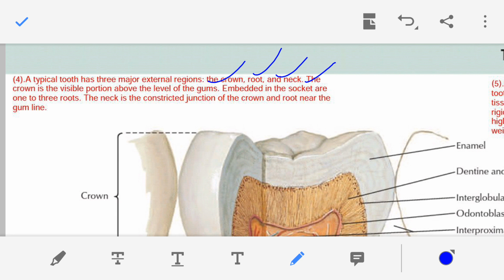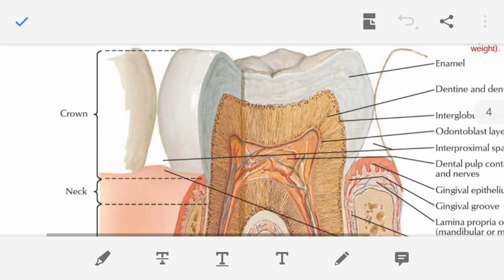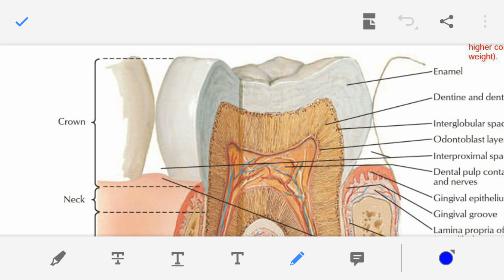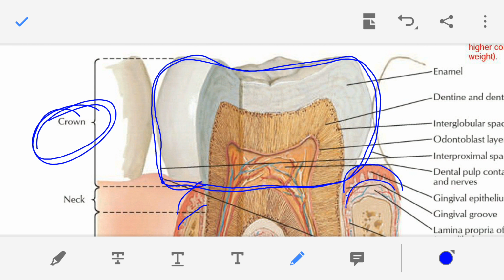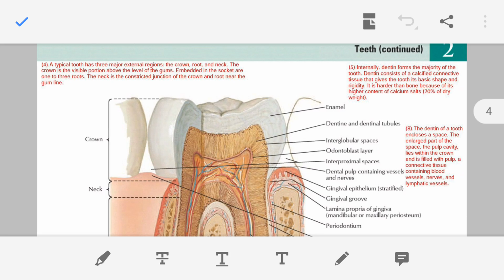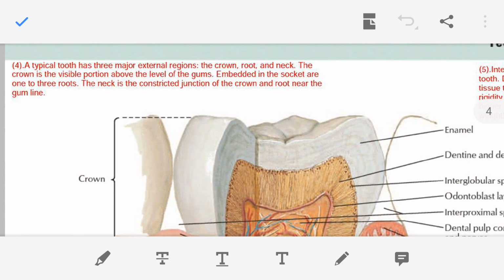Now the crown is the visible portion above the level of the gum. For example, this one is the gum, and this one is the gum. Above the gum, the crown is present, so the crown is visible from outside.